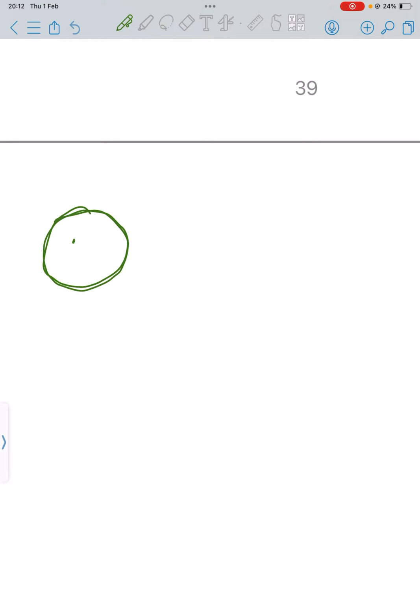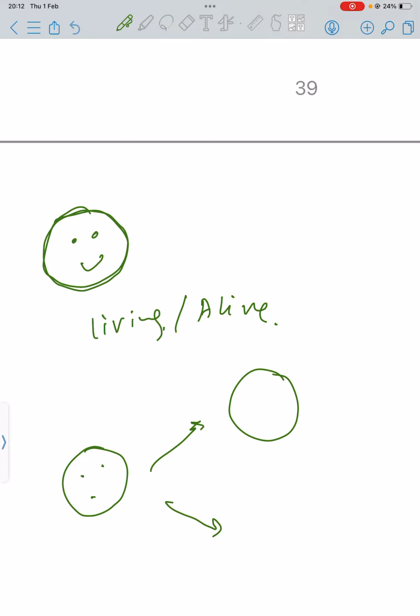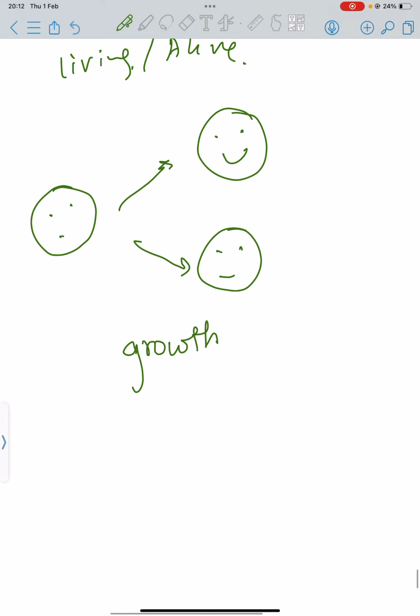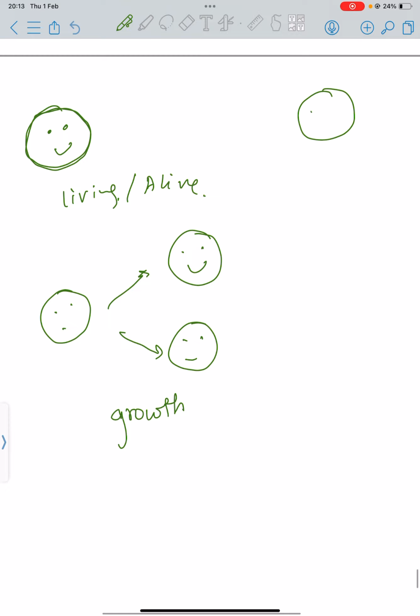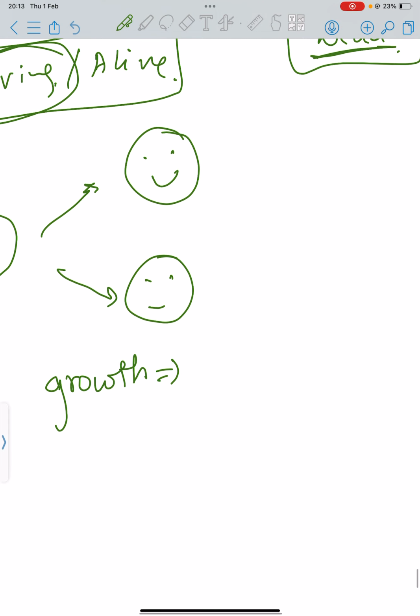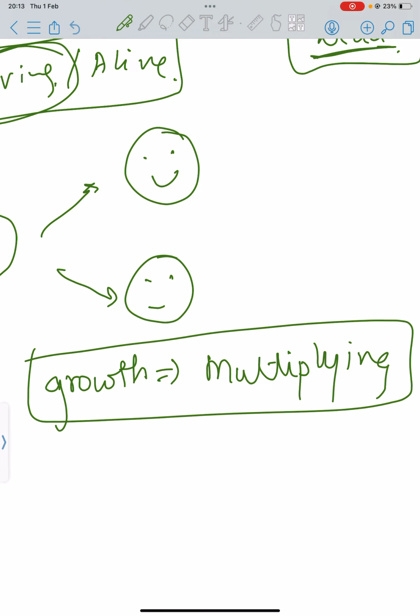This is a state of surviving or living or being alive, and this is a state of growth, and this is the state of being dead. Dead means, you know what dead means, right? Not surviving. And alive means just living. And growth means multiplying. I hope the concept is clear. Growth means being able to multiply.